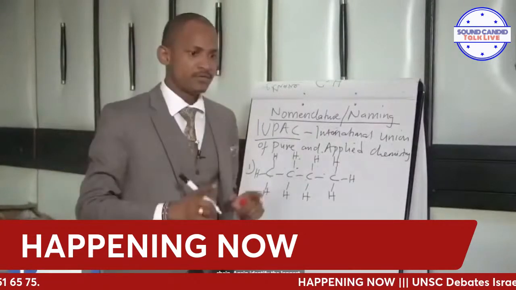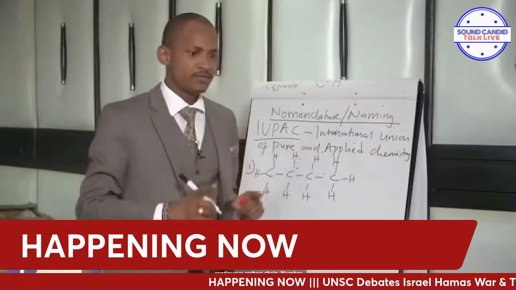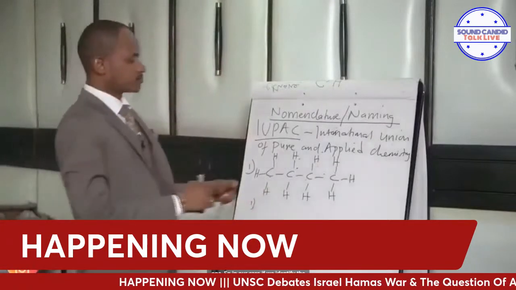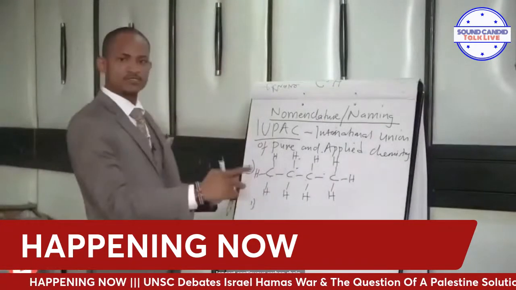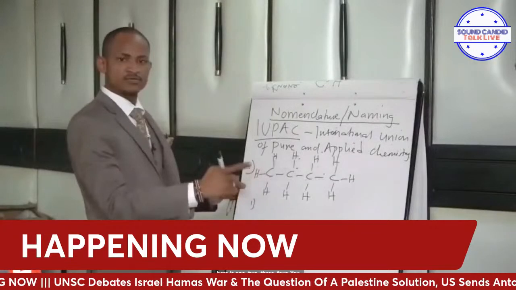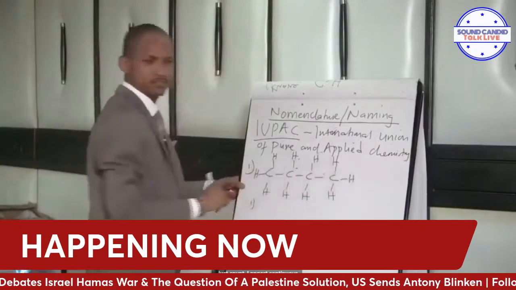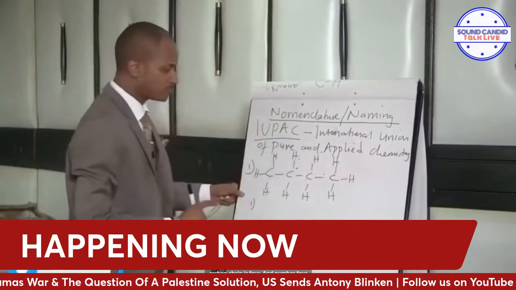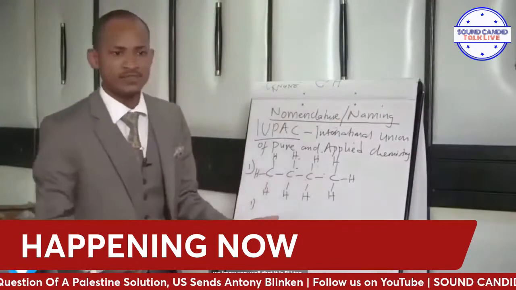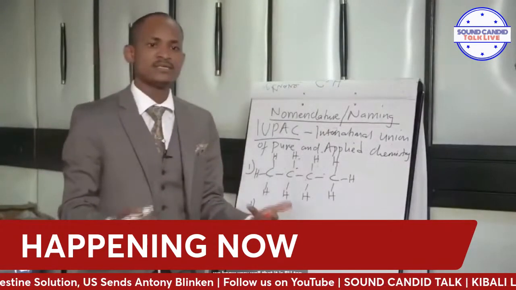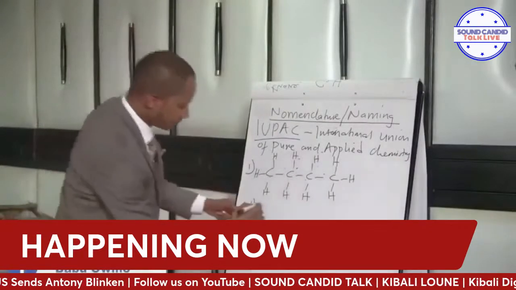Here it is 1, 2, 3, 4. You just count. The longest continuous carbon chain is 4, and number 4, we know very well that it is butane.